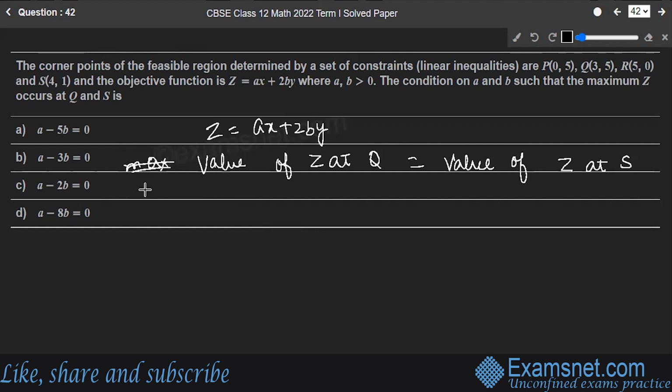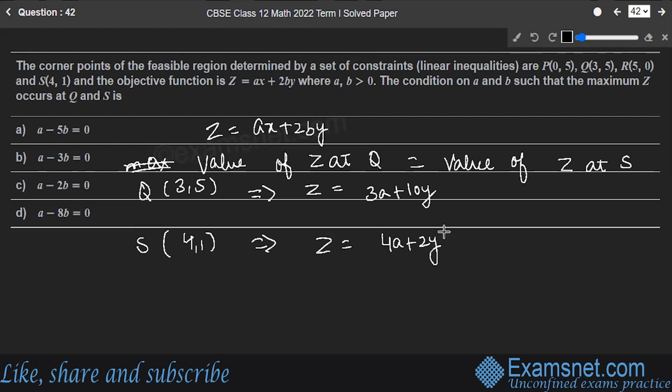So what is the Q point? Q is (3, 5). For that, z becomes 3a plus 10b. And for S, the point is (4, 1). For this, z is equal to 4a plus 2b. According to the question, they are both the maximum values, which means they are equal to each other.